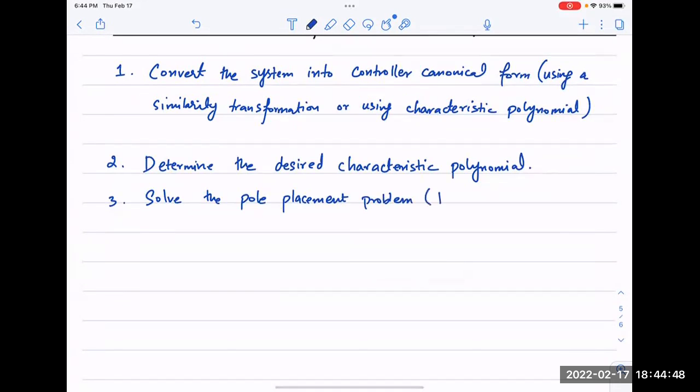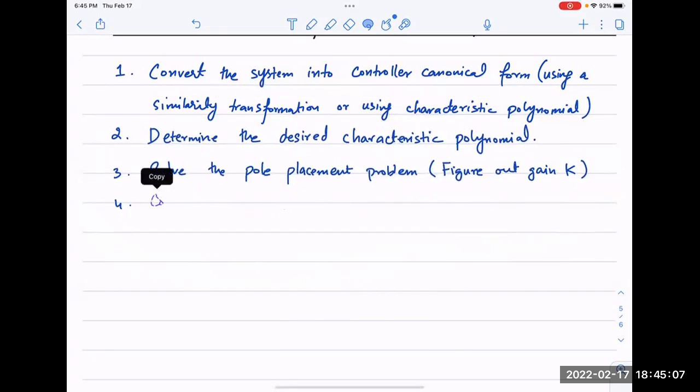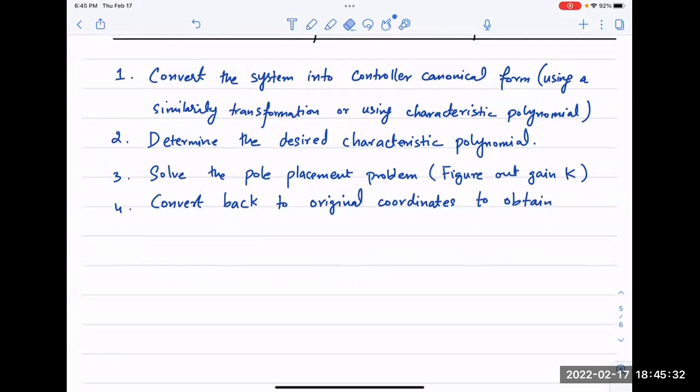Or in other words, you figure out the gain k, and lastly you can convert back to the original coordinates to obtain the control input.